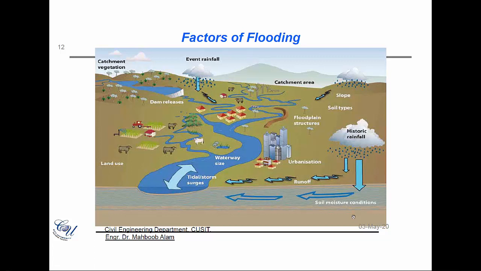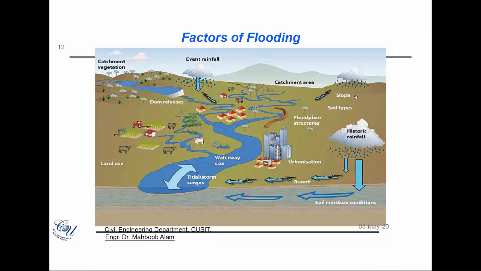Now that you know the complete hydrological cycle, you should be able to say something about the factors which would be affecting the flooding. The important variables are obviously, the most important is the precipitation. How much precipitation is occurring?